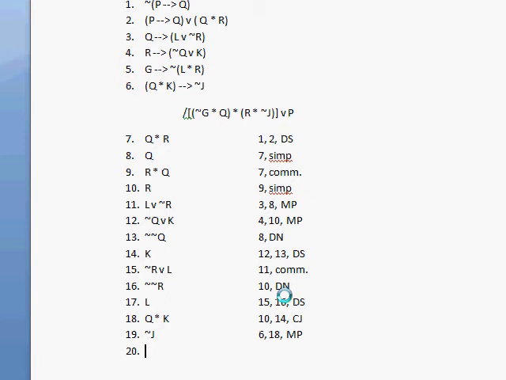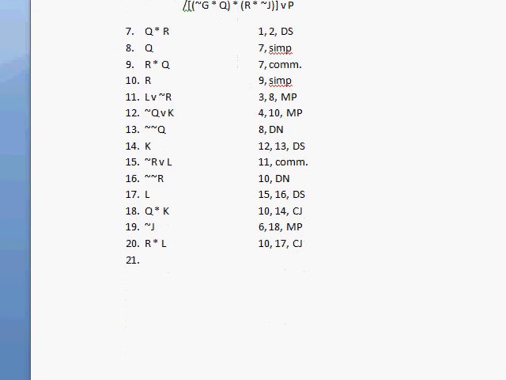So I'm gonna get R and L, and I'm gonna get R and L through 10, 17 conjunction. And let me just scroll down again. And now that I have R and L, I'm going to get L and R through 21 commutative.